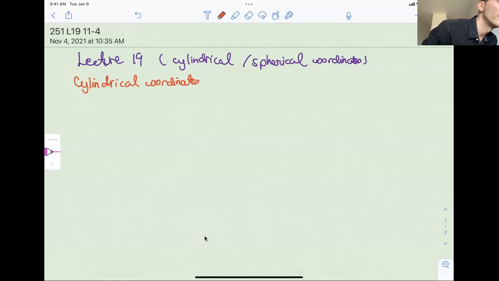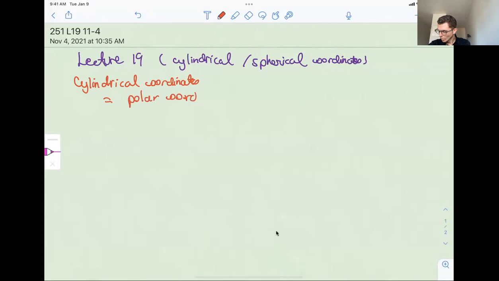The way you should think of them is as polar coordinates with the z-axis. So think of them as polar coordinates plus z-axis.